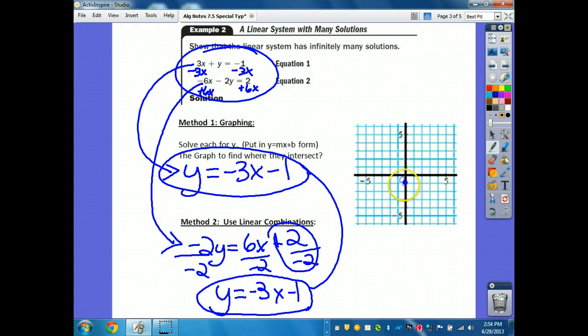And my slope is which way? Negative 3 over 1. Do the run first. Right 1, down 3. How about if I go backwards? Yep, left 1, up 3. Okay, they're both, oops, missed 1. They're both the same, so it would be infinite.